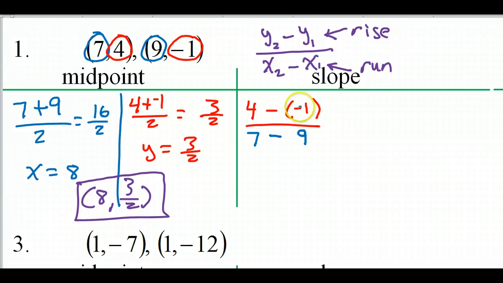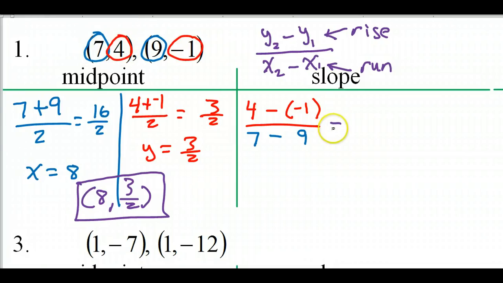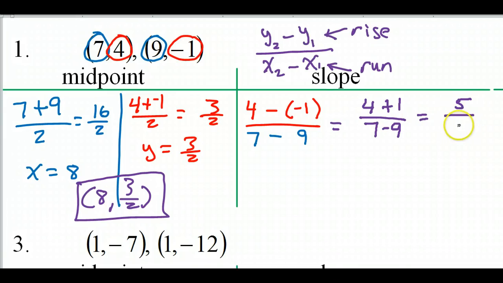Of course, when I have minus and negative like this, I add. In the future, I will go directly to the addition. So this is going to make 4 plus 1 over 7 minus 9, which makes 5 over negative 2. Okay, so that is going to be the slope.